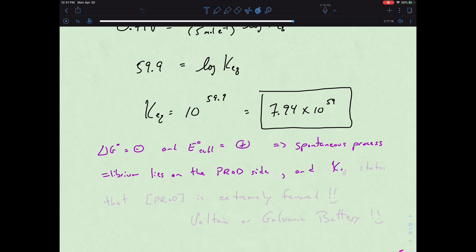And K states that product is extremely favored. And that's going back again to the idea of our voltaic or galvanic battery.